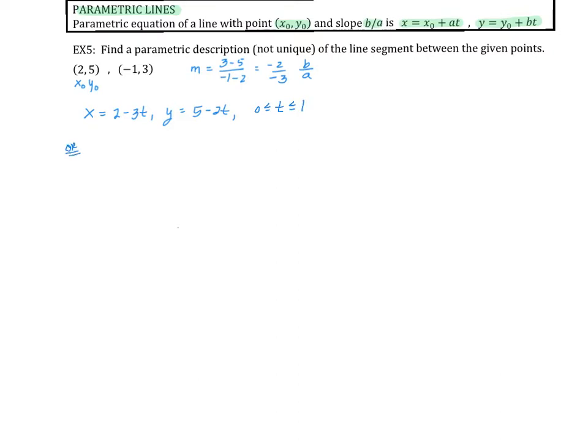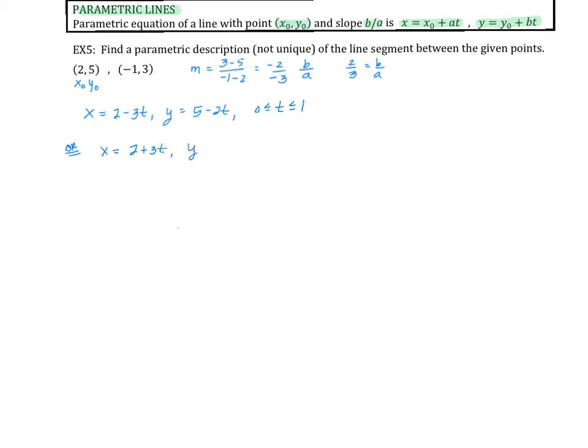Or what if I wrote this as positive 2 over 3 and changed my b over a? So my x would be 2 plus 3t.